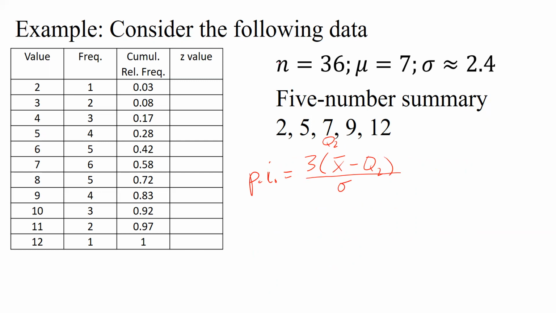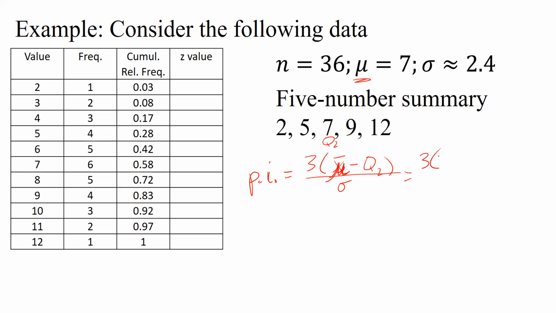I kind of mixed this up so that these are population values instead of sample statistics. We're just going to go with it. So I'm going to put mu here, just mu.